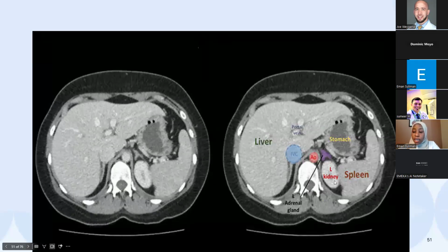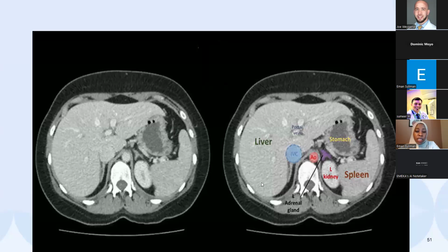The left kidney now is shown. This is the L1 level. We could see the liver, the inferior vena cava, the aorta, on the left side the stomach, the spleen, and the left kidney. And the left kidney is slightly higher than the right kidney, since the right kidney is compressed by the liver.